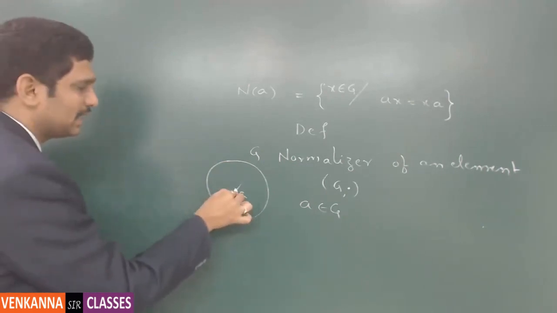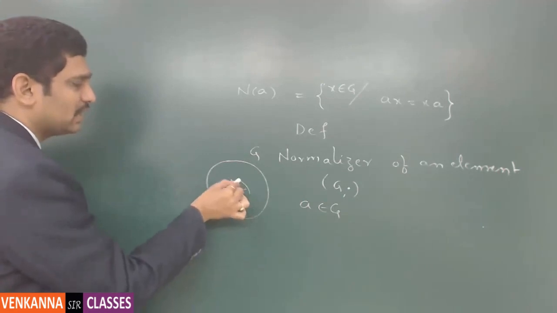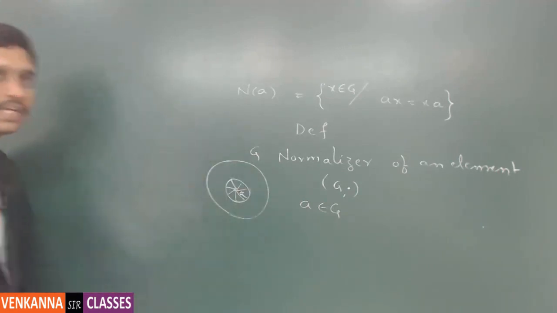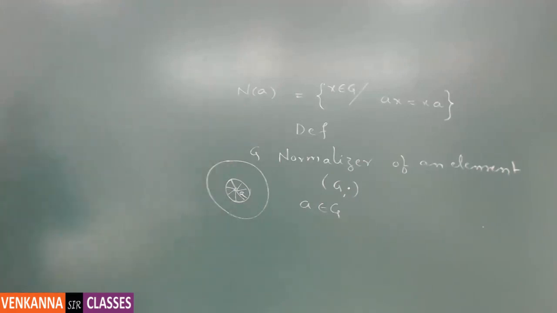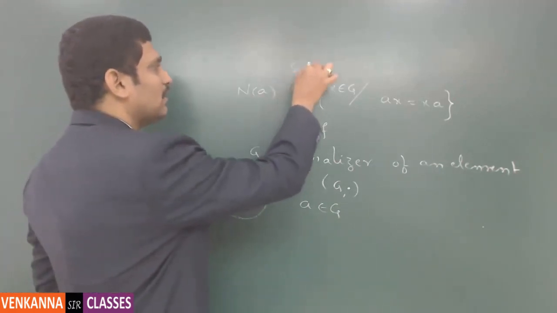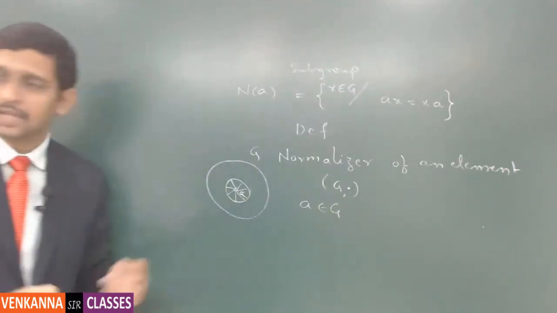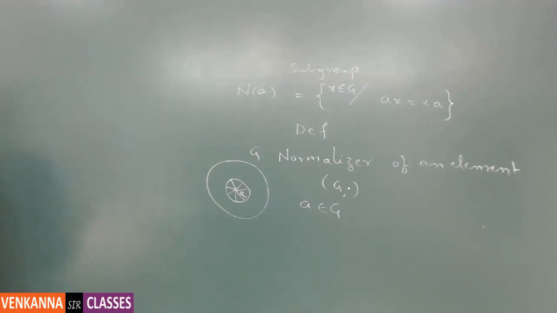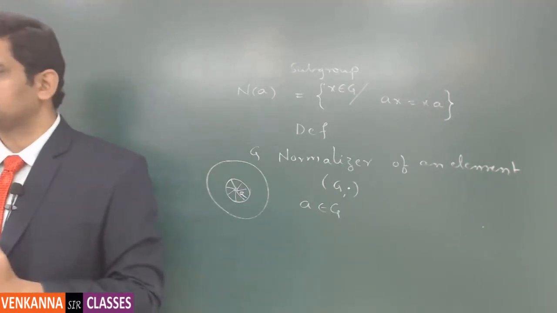So you are considering the set of elements in G which satisfy the commutative property with respect to a. One observation is this normalizer is always a subgroup for the group. Please take a note of the definition.